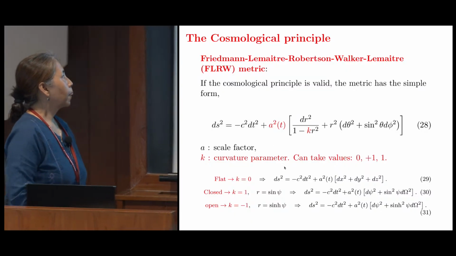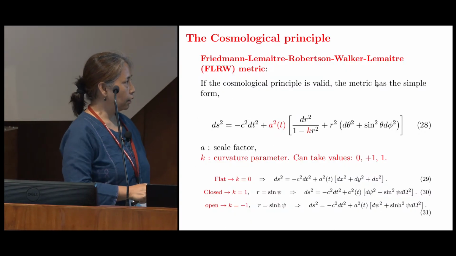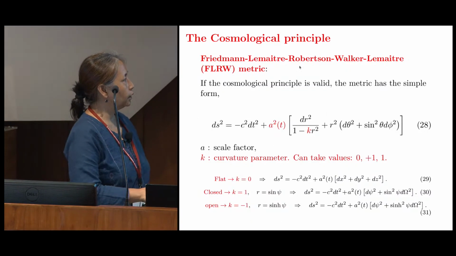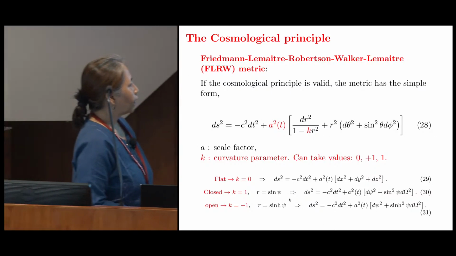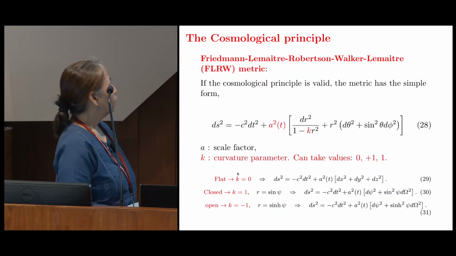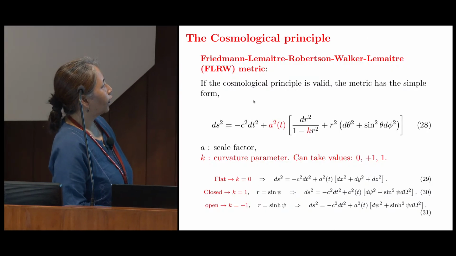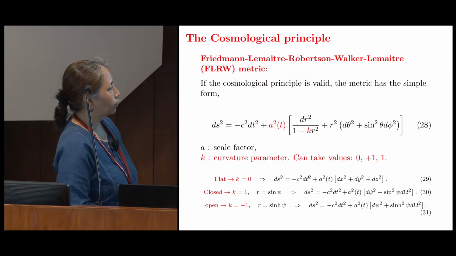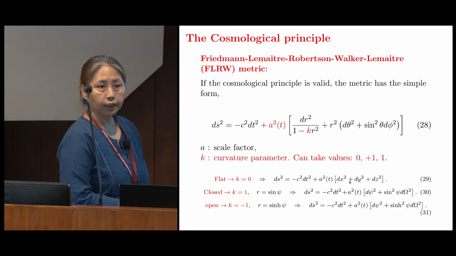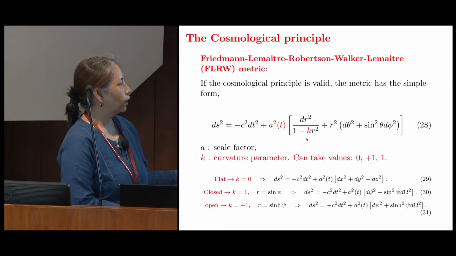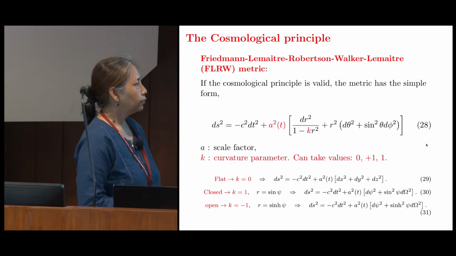Okay. So for completeness, let us examine these 3 cases of k. If k is 0, then you can rewrite the metric in this form, which is just Cartesian coordinates.